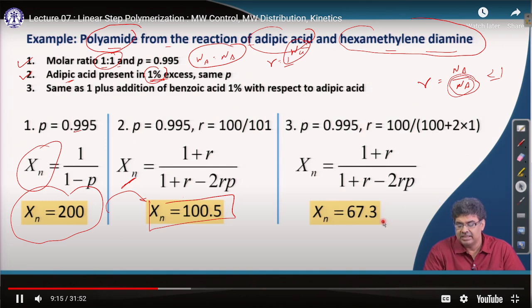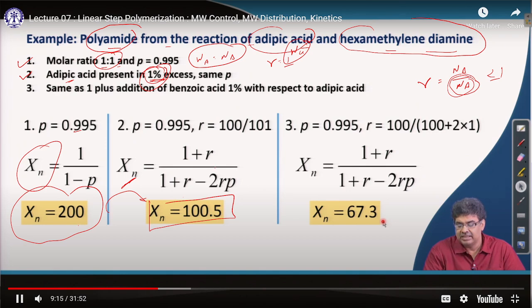It can be a mismatch if you are measuring concentration by some analytical tool or apparatus, or by manual error. 1% error is very common. But see, by this 1% excess, the degree of polymerization just decreased by half.